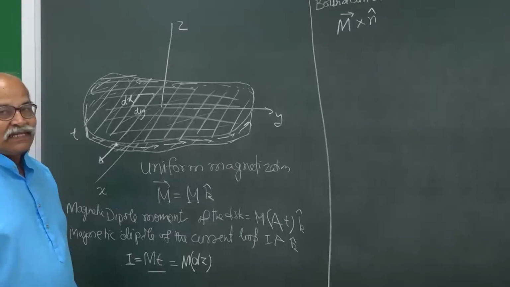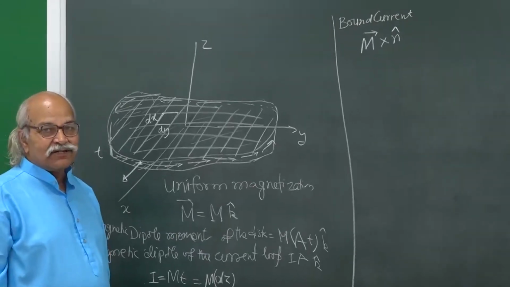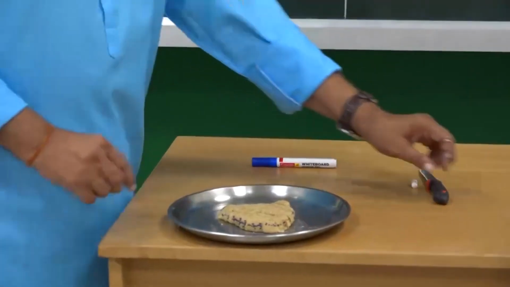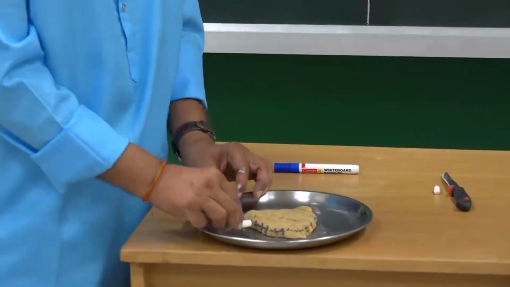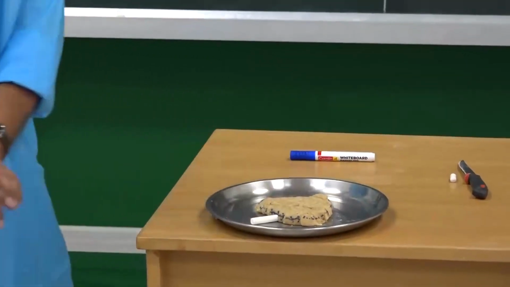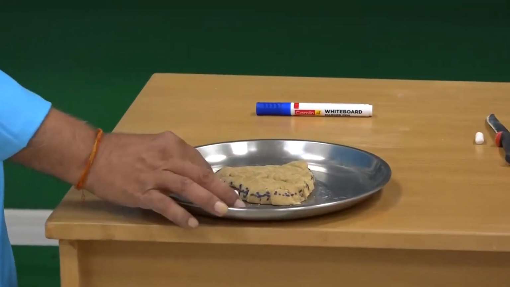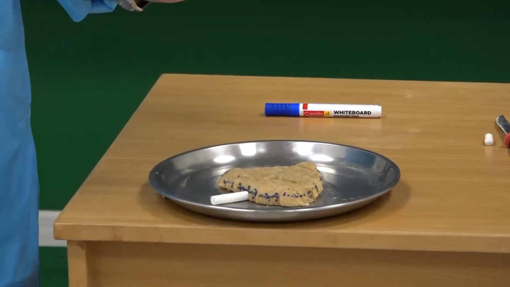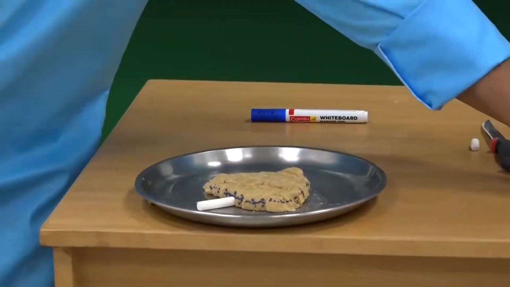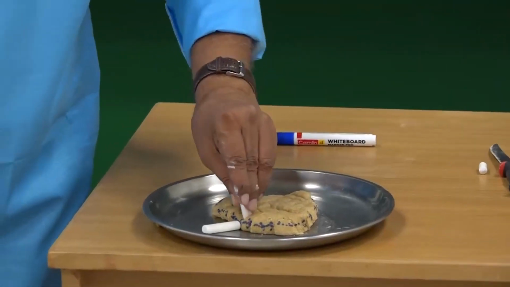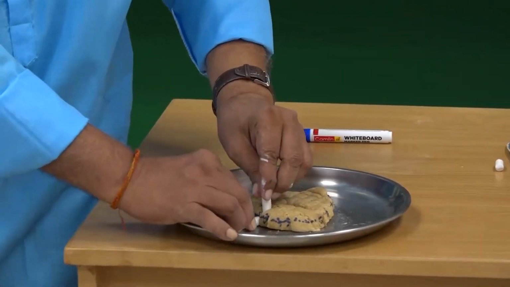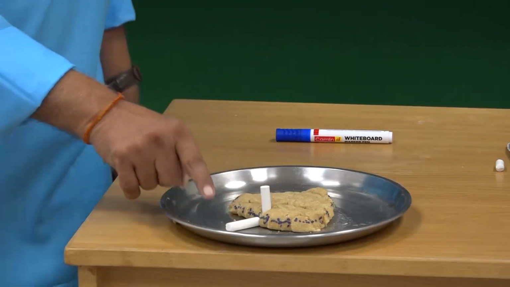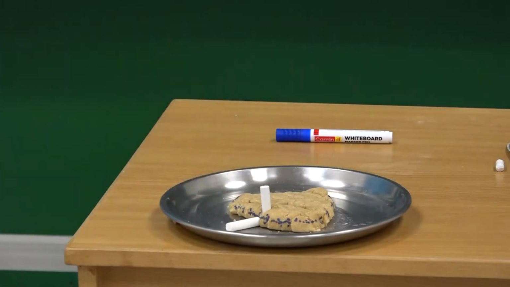So, look at this, the n here is this way, this is n cap, normal, perpendicular to the surface, and M is vertical. So this is M, and this is n cap, and M cross n cap.